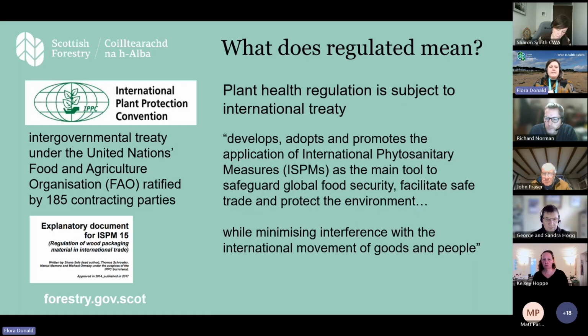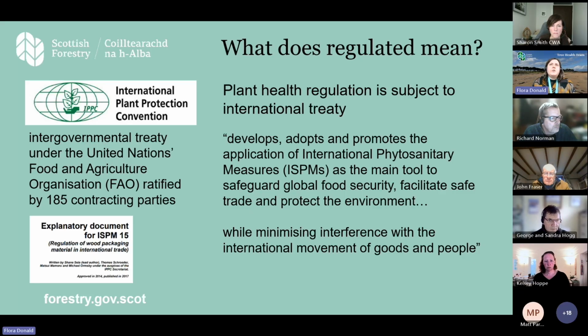So what is that? To explain it, I have to go right the way out to international law. The UK is a signatory to the International Plant Protection Convention. It's a treaty under the FAO, and I've written there what it says, but basically it's a trade treaty.